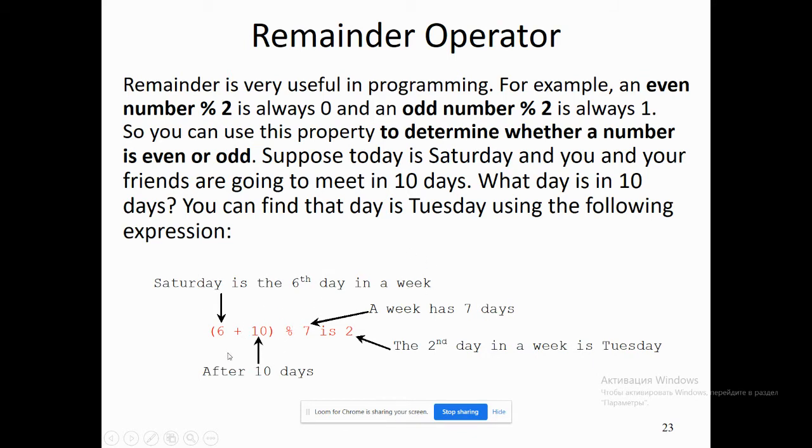After 10 days, we add 10 to our day and divide by 7 to learn which day of the week it is. As a remainder, we get 2. It means that after 10 days, we will have Tuesday as a result.